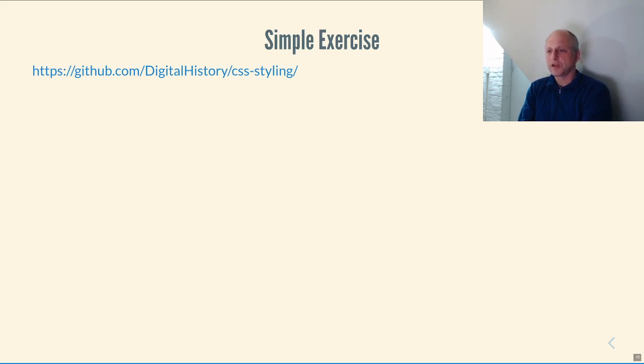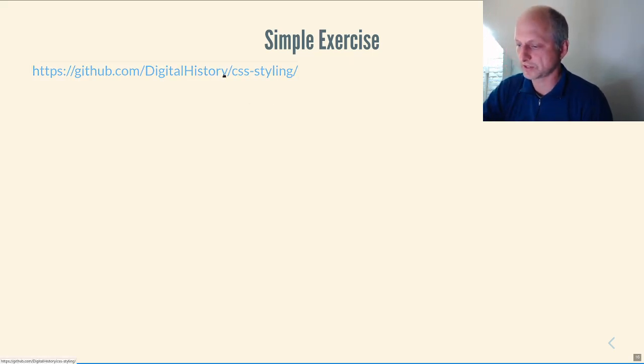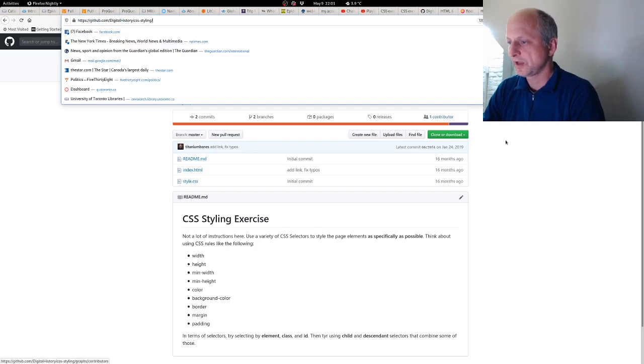I want to just quickly show you something that we will also be using in class. This is a little repository called CSS Styling, which is part of the class. Let's click on the link, and it takes us to digital history / CSS-styling.